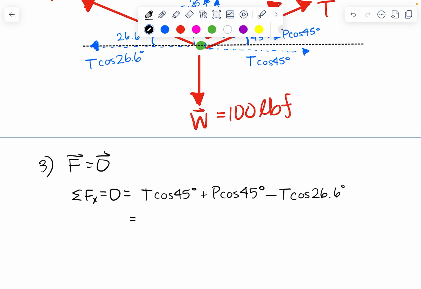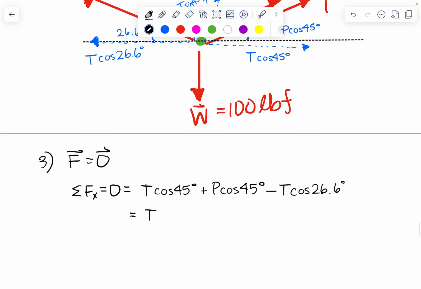And I can plug some of this into my calculator. I get that this is t times 0.707 plus p times 0.707 minus t times 0.894.